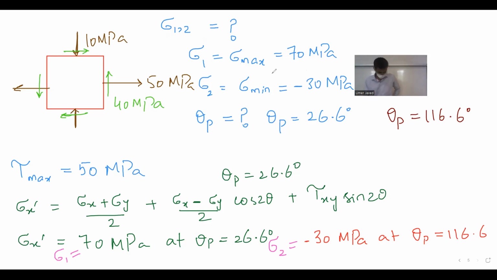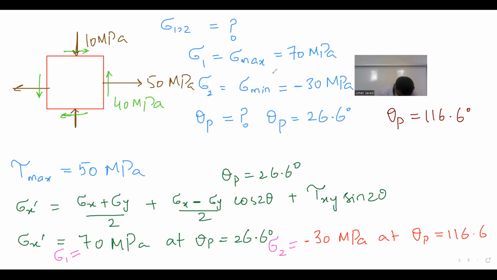Question? How could we find theta p equals 160? I added 90 to theta p. Why would you? I am about to answer this question right now without any delay. Okay.